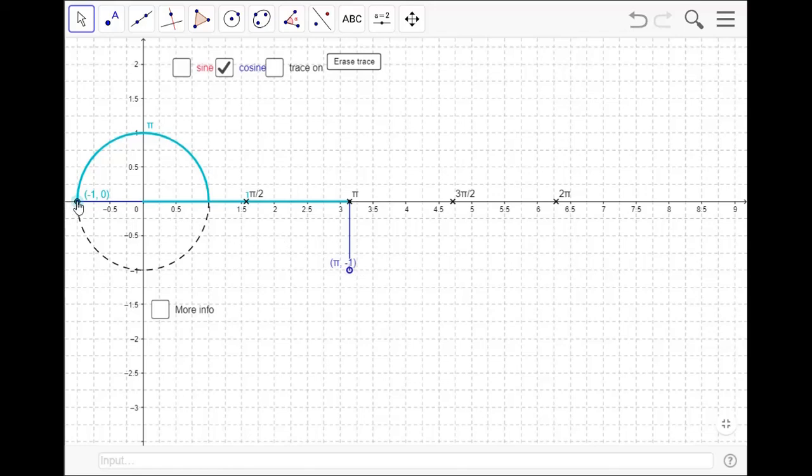If you further increase, you can see x becomes more, and the angle is more than 180 degrees, and the x coordinate of the point here is negative, and when it is 3 pi by 2, the x coordinate is again 0.